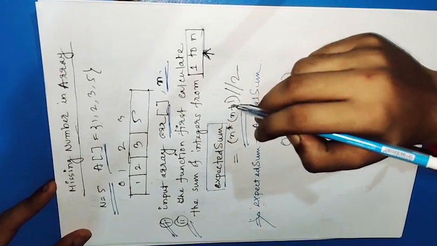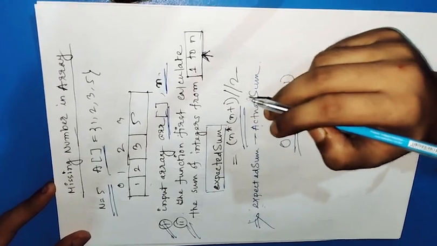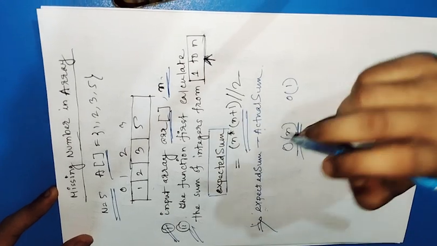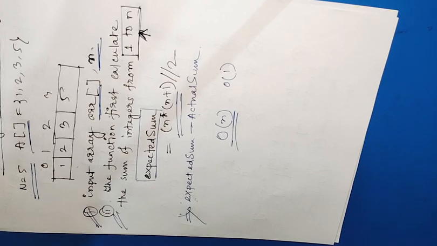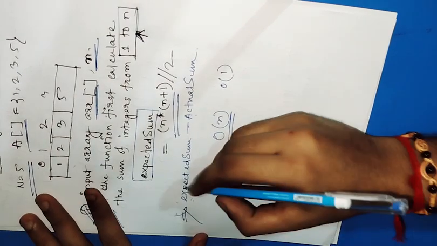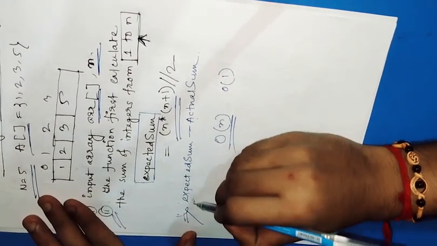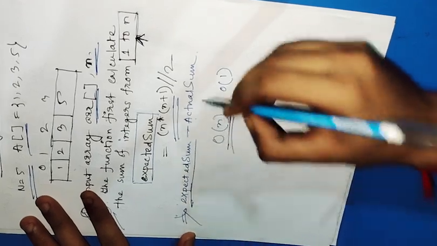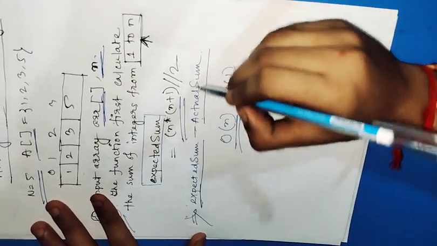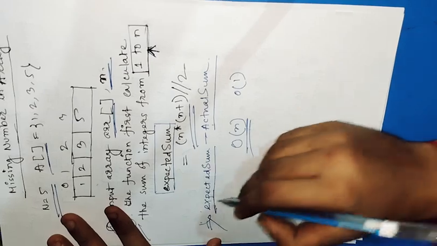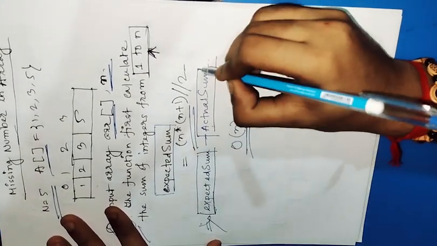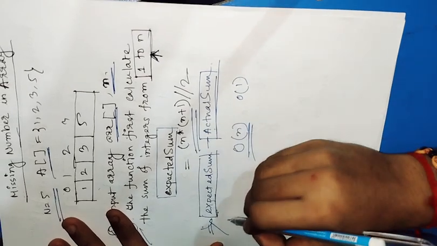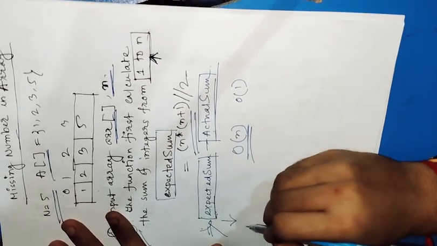Then the function calculates the actual sum of the given array using the sum function. After that we take the difference between the expected sum and actual sum, which is our missing number.